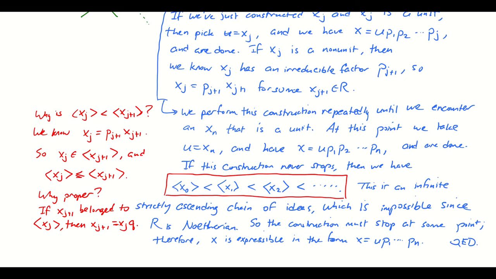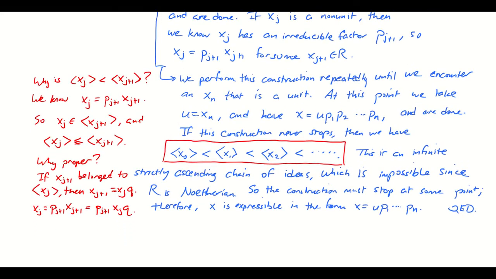Okay, but then we can do the same thing that we did before, where we say xj is equal to pj plus 1 times xj plus 1, and then substitute for xj plus 1 this product, pj plus 1 times xj times q. And then from there we end up getting, again using cancellation, that 1 equals pj plus 1 times q, which means this is a unit, and that contradicts the fact that we said it's irreducible.